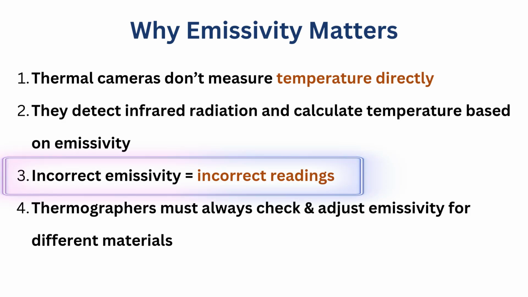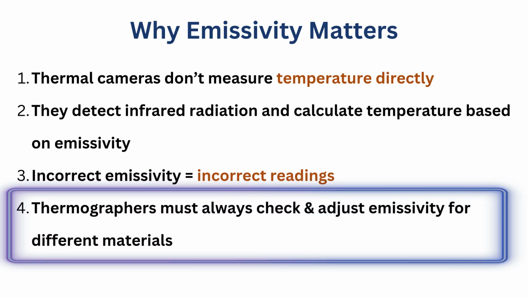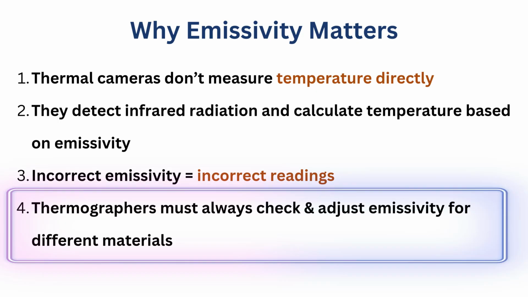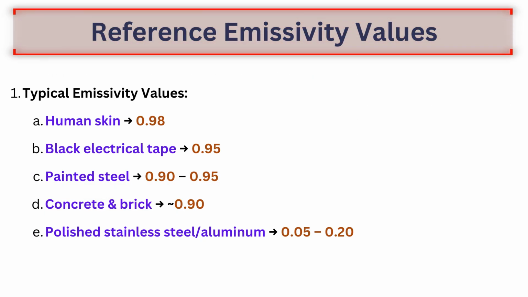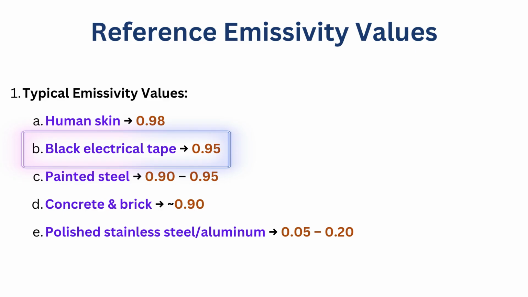That's the reason why thermographers must always check and adjust the emissivity, especially when scanning different materials, because all materials have different emissivity or different properties. Human skin is normally somewhere around 0.97, 0.98, and electrical tape is somewhere around 0.95.